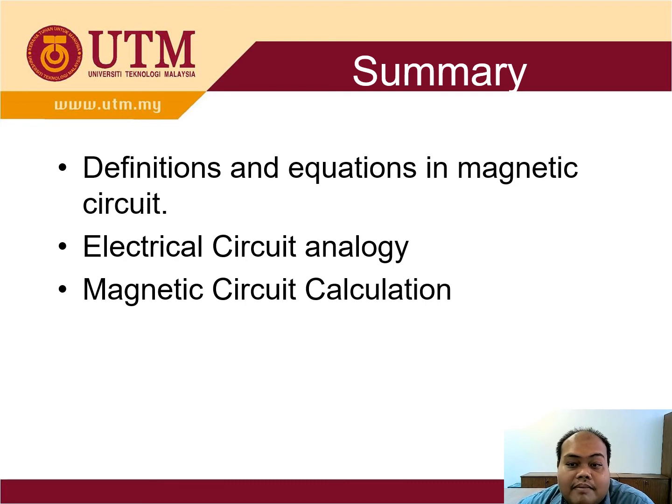And lastly, the magnetic circuit calculation: from the reluctance you have to know how to get F, N, and I, what the flux is and the relationship, and don't forget B and H, how to get B and how to get H. Okay, that's it. See you again in the next class.